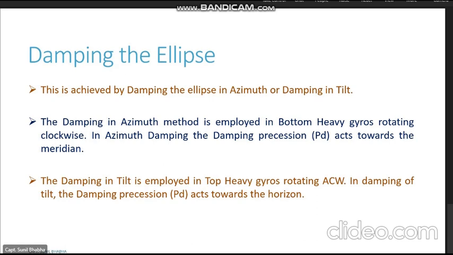Most of the gyro compasses made by the makers are anti-clockwise gyros when viewed from the south end. So the damping method which is used in those gyros is damping in tilt. So we are going to understand this damping of the gravity controlled gyroscope by using the damping in tilt method.